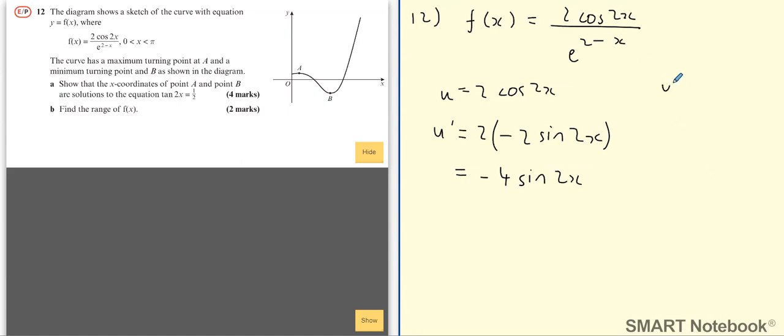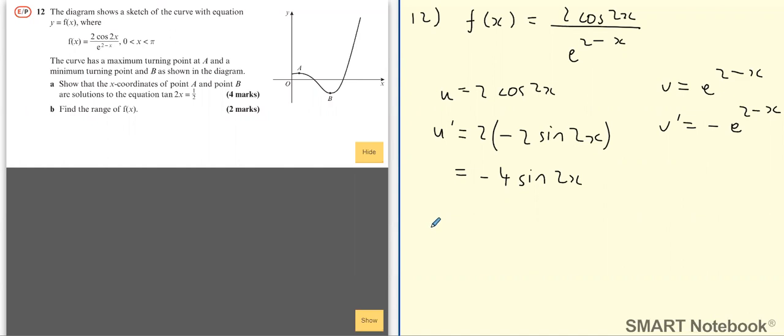And if v equals e to the 2 minus x, v dash, the differential of the top, is minus 1. So we get minus e to the 2 minus x. Okay, is everyone happy with that? So that's my first step.